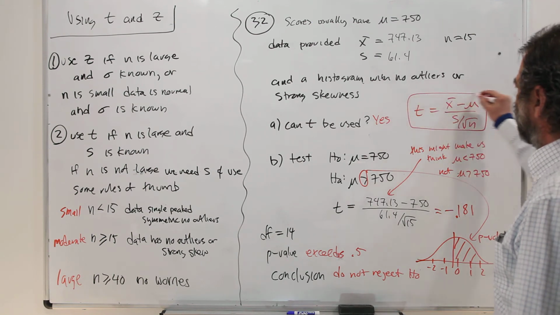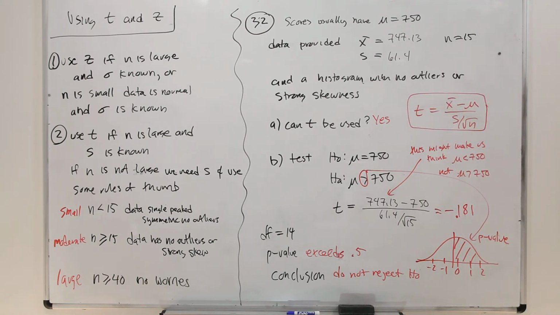What does T look like? In hypothesis testing, it looks like this, just like Z, except where S is for T, sigma is for Z. It says test whether or not it looks like the mean has increased. Is there evidence the mean score is now higher than the general population?